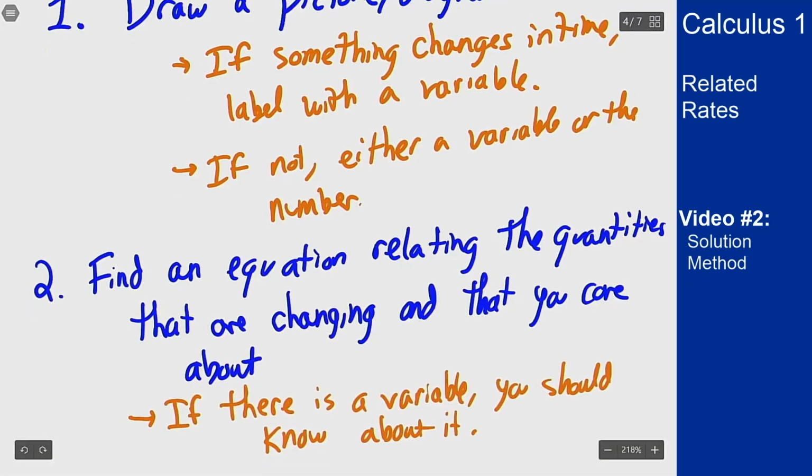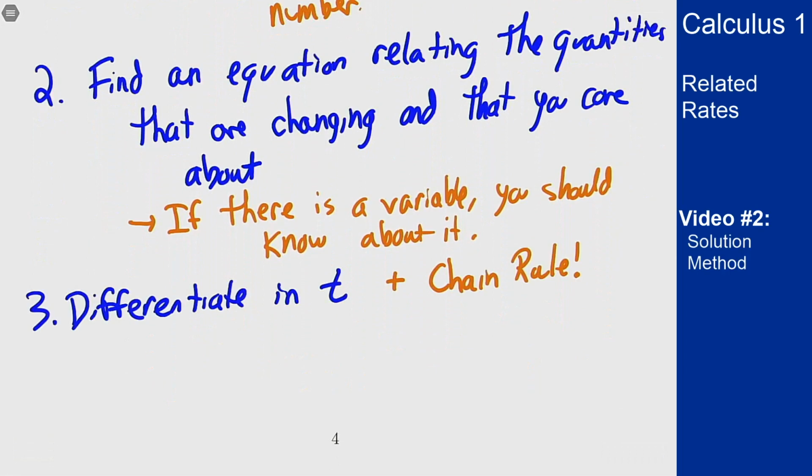Next, you want to take your equation and differentiate it in time using implicit differentiation and the chain rule whenever there's something there that's changing in t. And this should give you the related rate equation you need that's going to tie the rates you know about to the rates you don't know about.